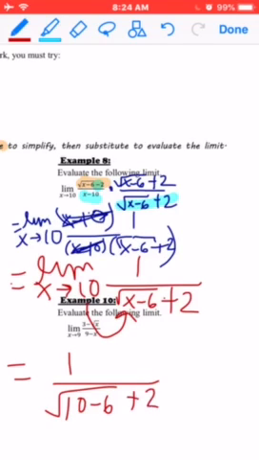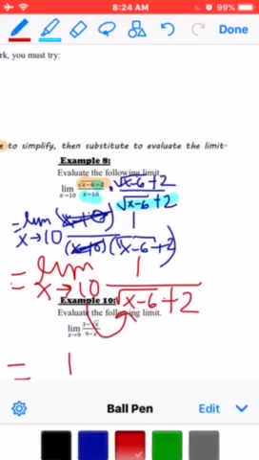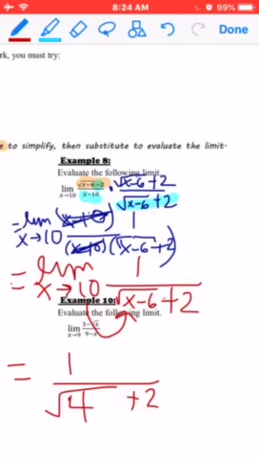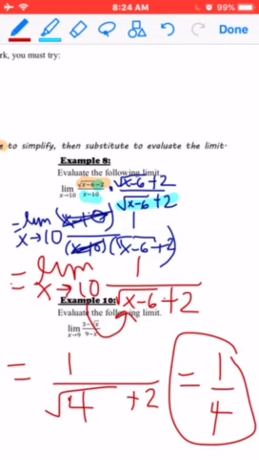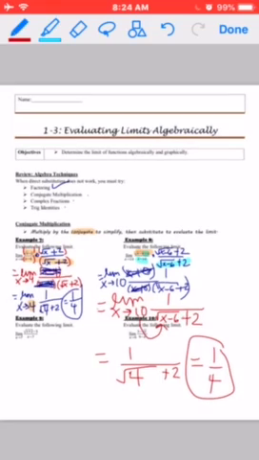The square root of 10 minus 6 is square root of 4, so this ends up being the same answer as last time: 1 over 2 plus 2 is 1 over 4. We have a couple of examples there.